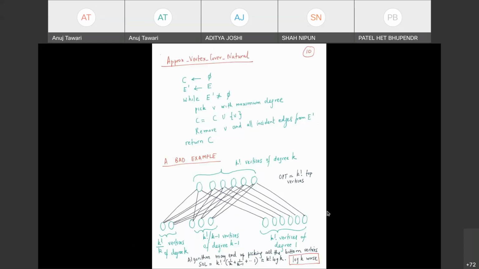Now all edges are covered and the total size is going to be this much: k factorial times 1 by k plus 1 by k minus 1 and so on to 1. And you can approximately write this as k factorial log k. Just integrate 1 by k with dk, and that will give you this log k.